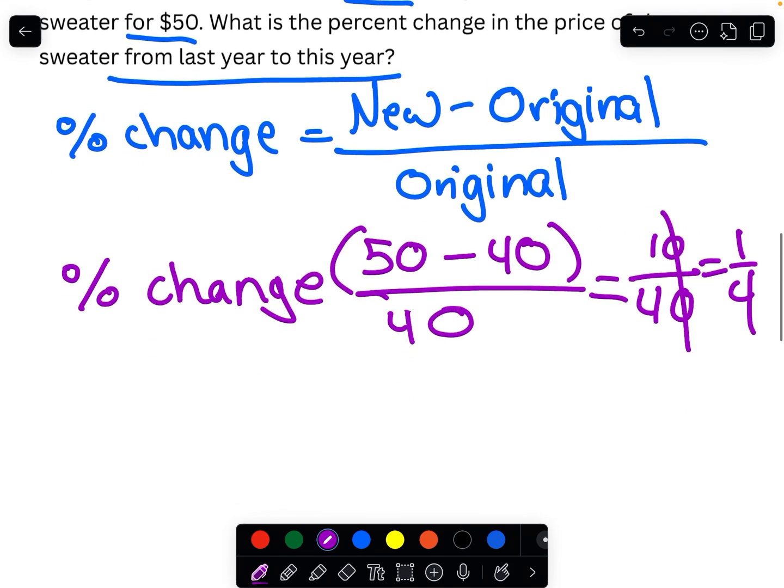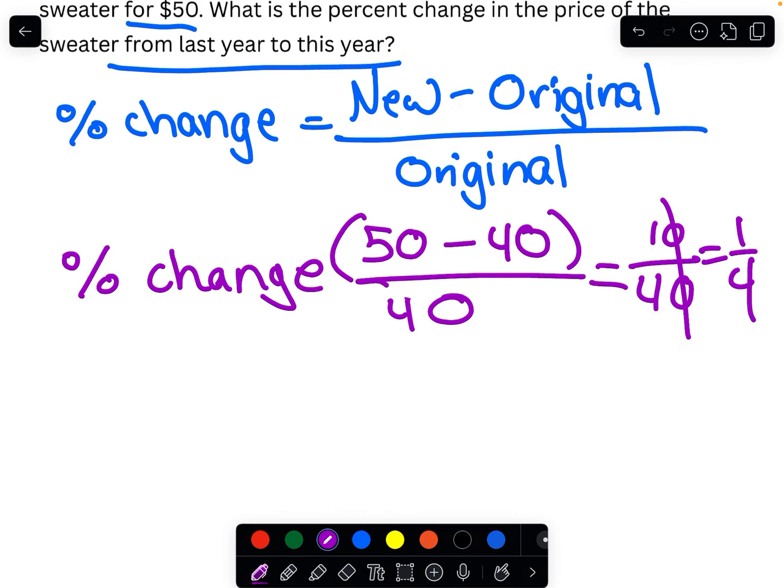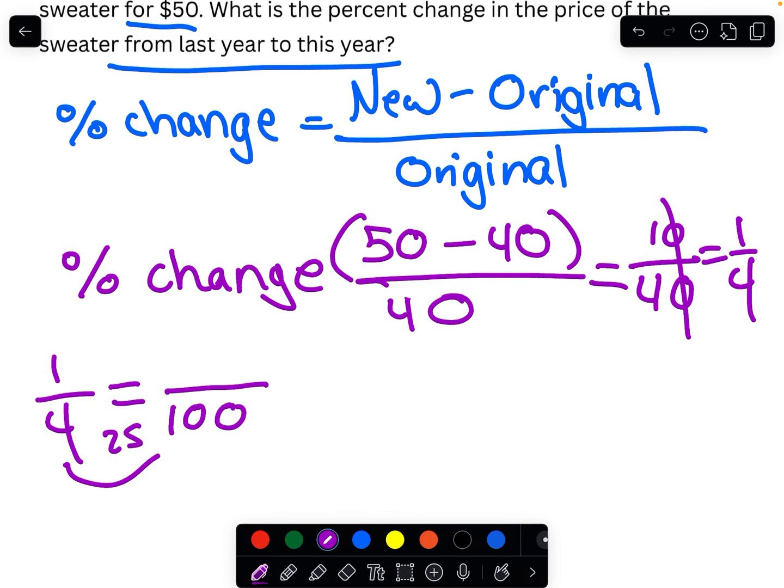And there are two ways now to get the percent answer. So I know that 1/4 equals 0.25. I know that from memory. Let's say I didn't know that from memory. I'd still know that 4 is a factor of 100. So I could do 4 times 25, and whatever I do to the bottom, I do to the top, and then I get 25 that way.